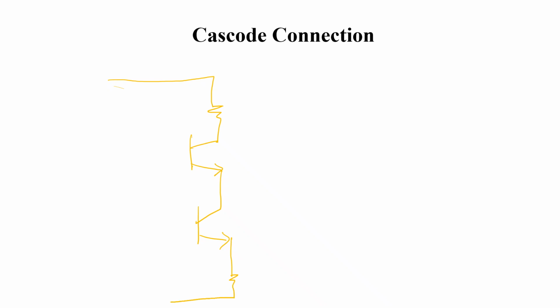I hope you will be able to complete the other connections. Yes, I've shown part of the connection separately with a different color, and the rest part, let us give source to Q1 transistor and let this be Q2 transistor.